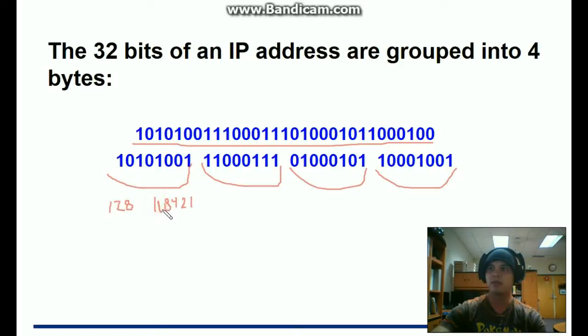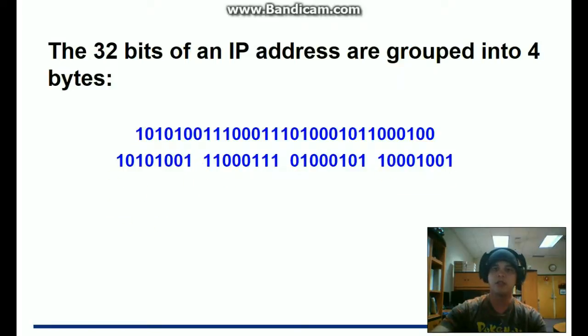I'm probably going to run out of room. 16, 32, and then 64. So these two values actually fit in right there. And then based on if it's a 1 or 0, you just add it up. Ones we care about, zeros we do not. So let's see what it turns out to be.